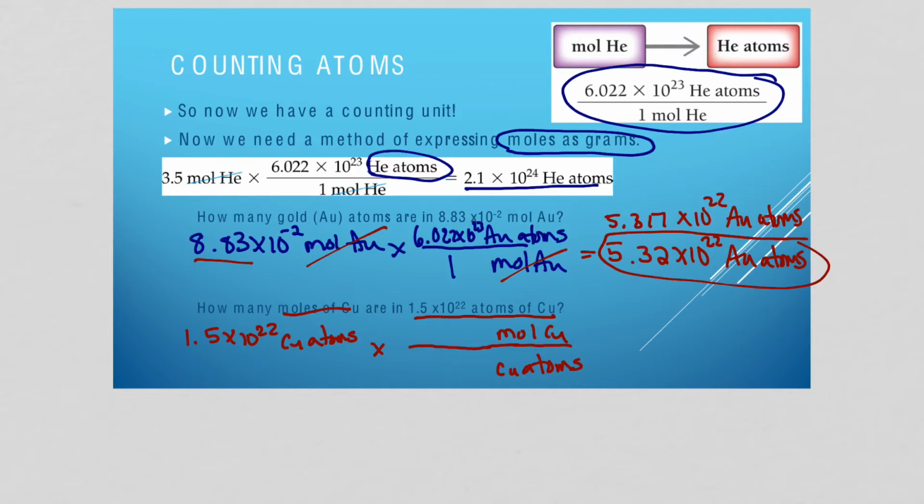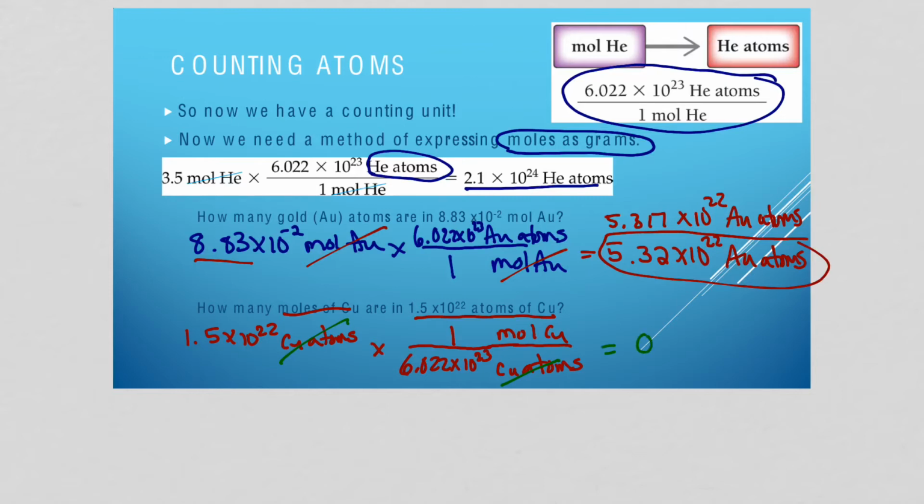So remember, it's 1 mole to 6.022 times 10 to the 23rd individual atoms. My units cancel: my copper atoms cancel here and here, so I'm left with moles of copper.